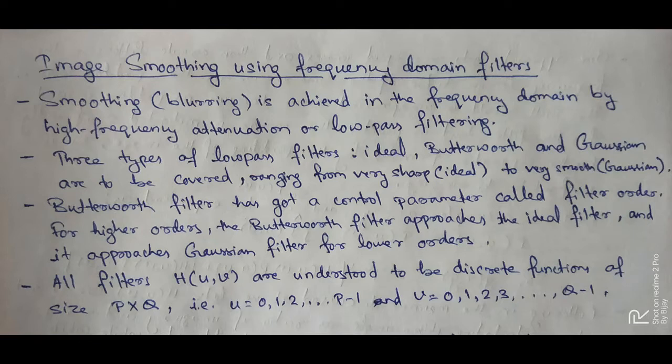The capital H of U comma V is a filter which can be represented as an array of size P cross Q, and 0 frequency corresponds to when U equals P by 2 and V equals Q by 2. That is, the 0 frequency is at the center of the array.